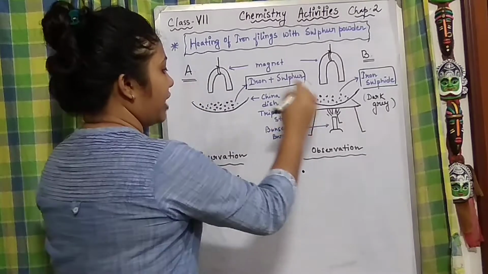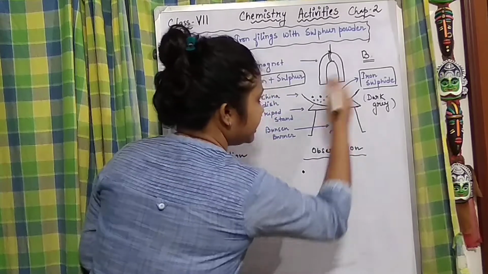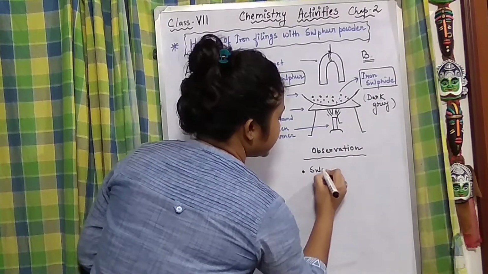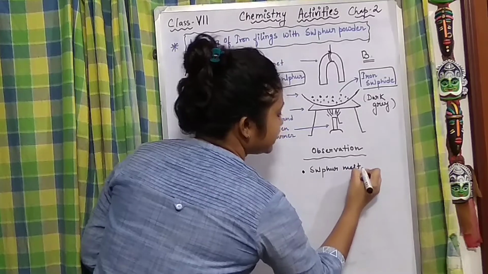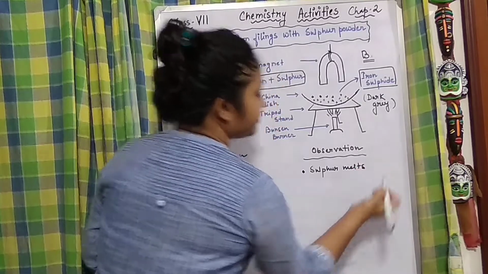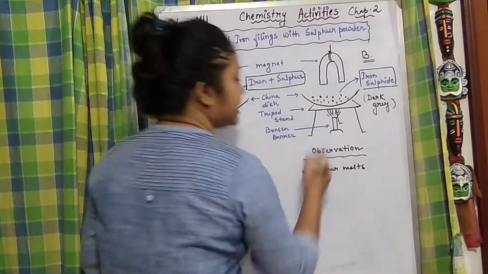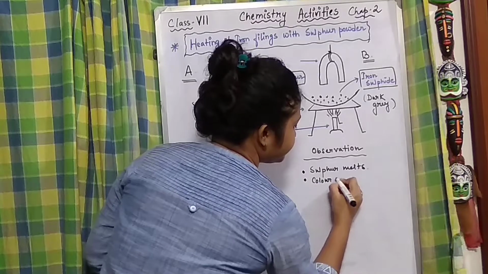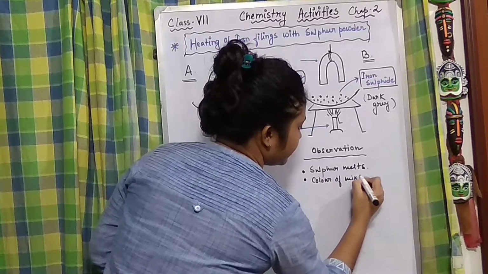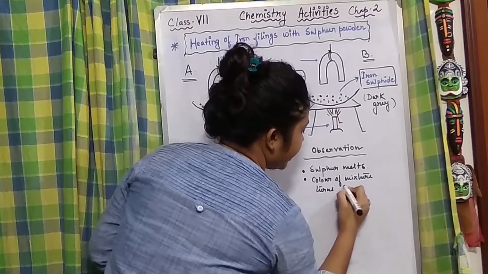Okay, now in set B we will see that the sulfur powder melts. It starts melting due to the application of heat. Then what happens? Gradually the color of the mixture turns dark green.